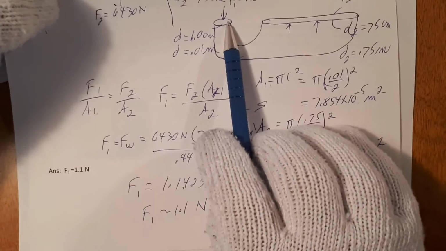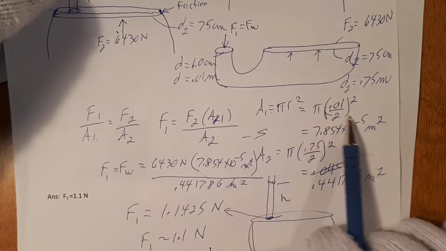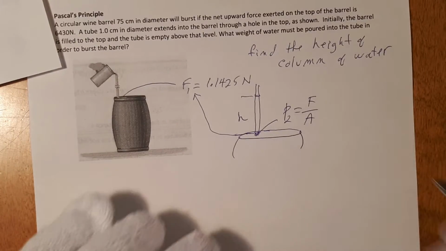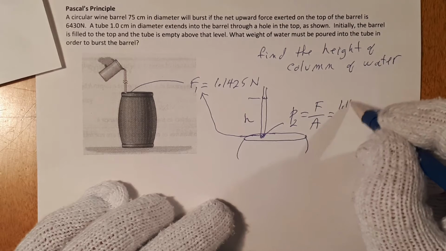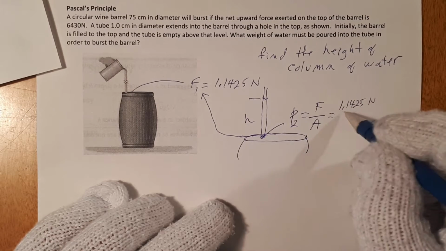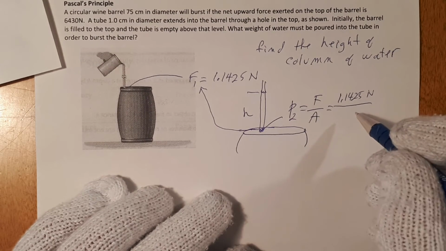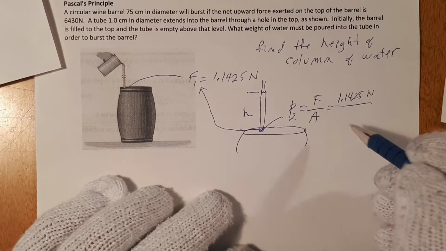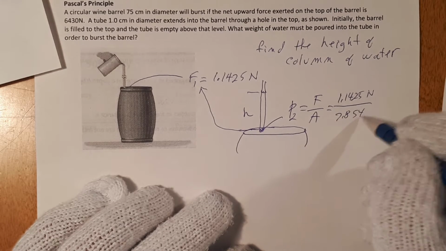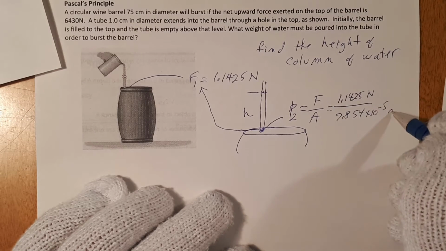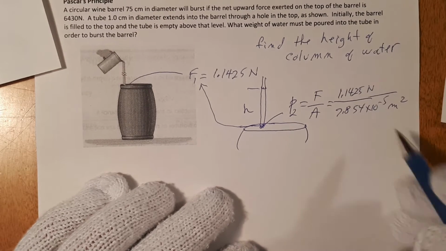Area of 1, that area was this value. Putting the numbers here, force 1.1425 newtons, divided by the area, which was previously calculated at 7.854 times 10 to the minus 5 meters squared.